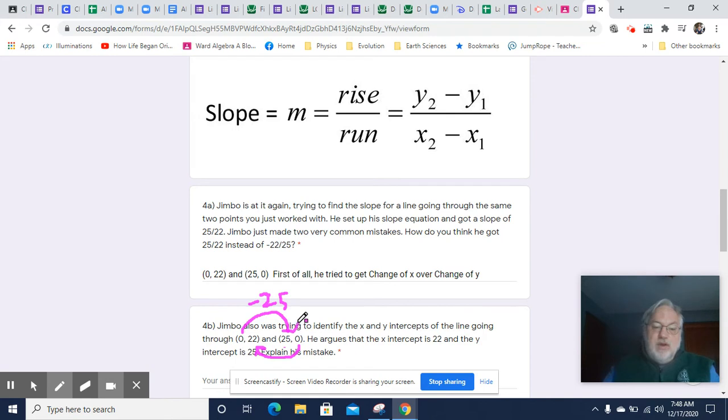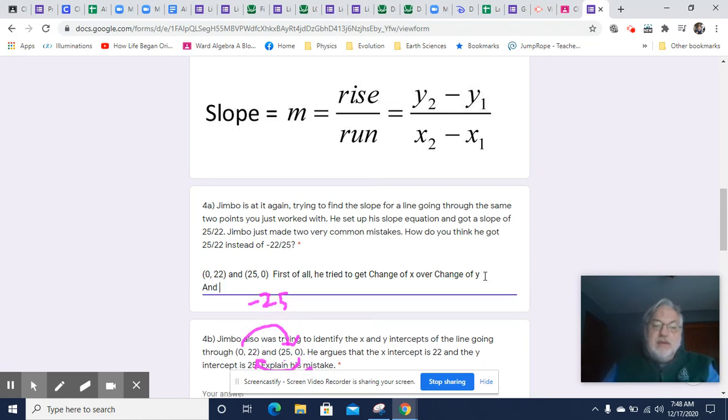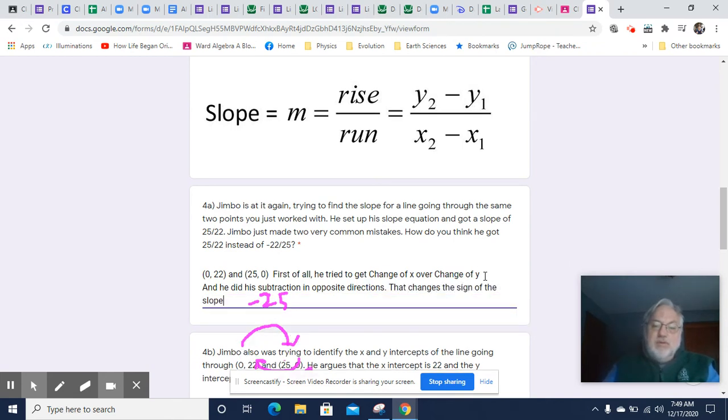So he would have gone in the opposite direction. So that would end up being negative 22. So he either did positive 25, he went this way and then that way, or he went this way and then that way. And then he, of course, did change of x over change of y, and he did his subtraction in opposite directions. That changes the sign of the slope.